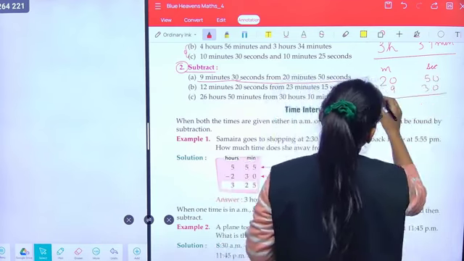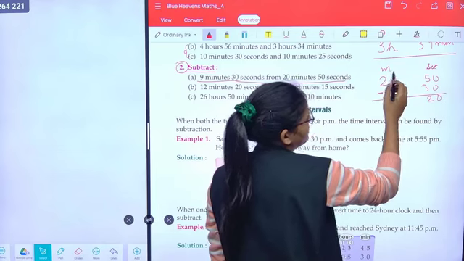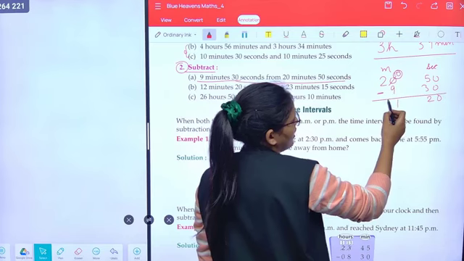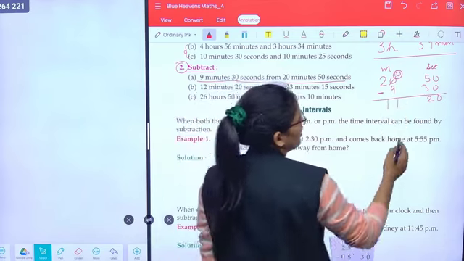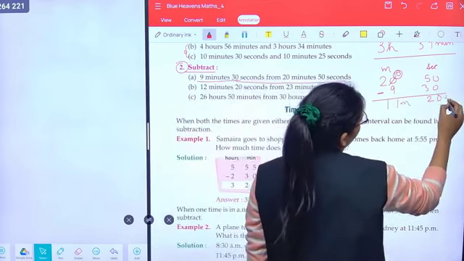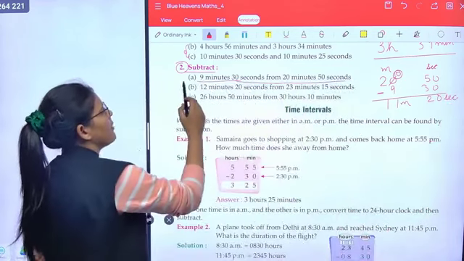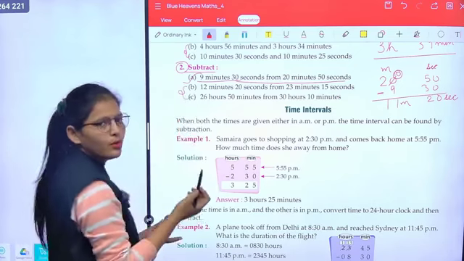Now 0 minus 0, 5 minus 3 is 2. Now it will become 10, 10 minus 9 is 1, and 1. So 11 minutes 20 seconds class. 11 minutes 20 seconds. Now A part is done. Rest of the parts do yourself class.